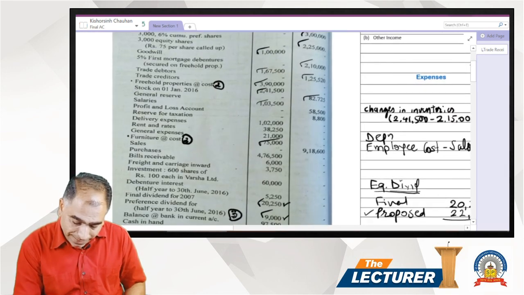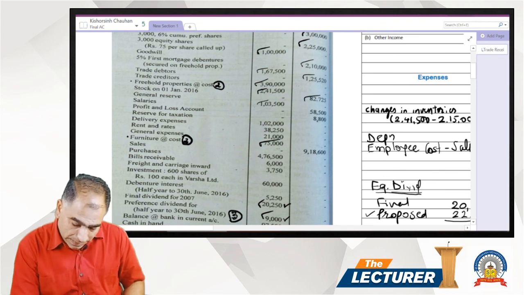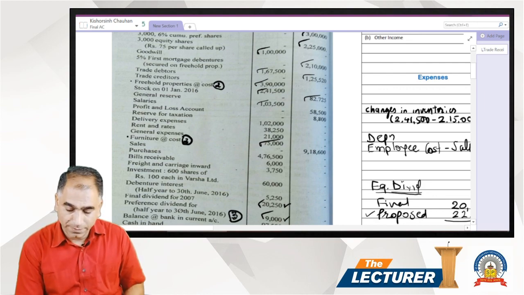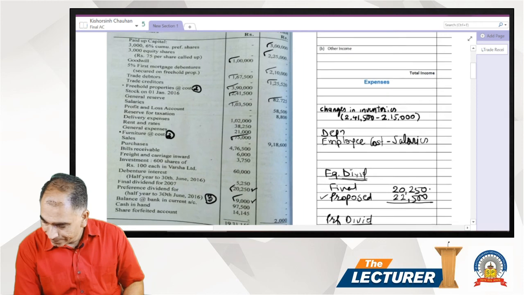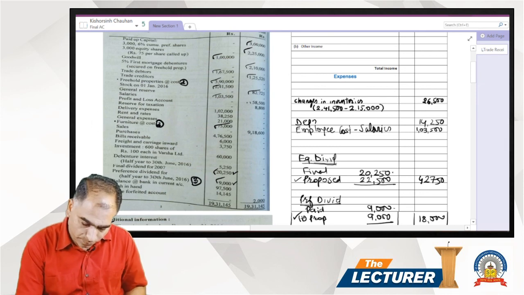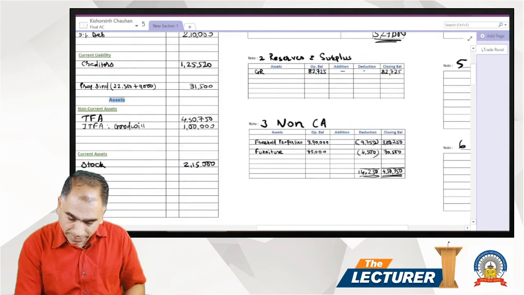Next, after salary, we have P&L account 58,500 and reserve for taxation. P&L account, we have an opening balance of P&L, we have to write in reserves and surplus. So 58,500, schedule number 2, reserves and surplus.